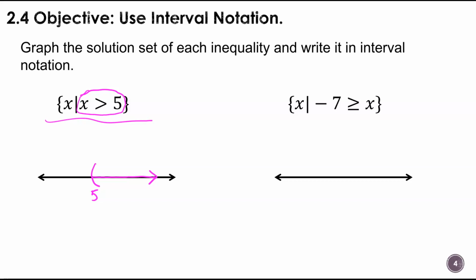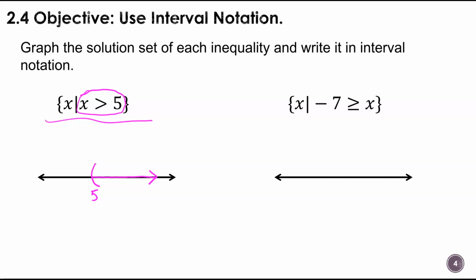Now you can put more numbers on your graph if you would like to. I usually just put the number I'm graphing and then to the right or left, whichever direction I'm graphing in that case. On my lab, you'll have to make sure you understand where it goes because there will be marks on the number line.